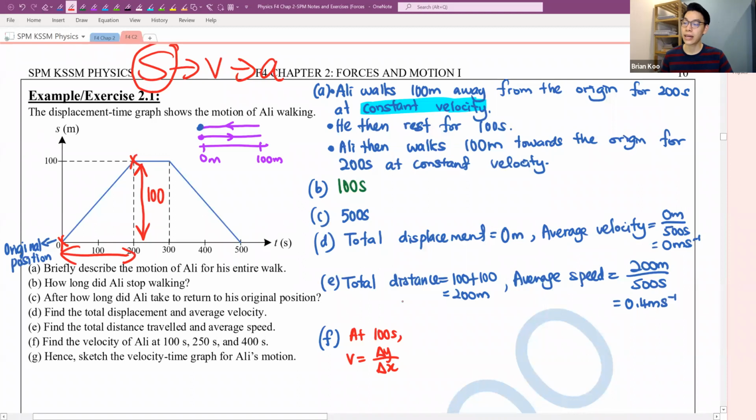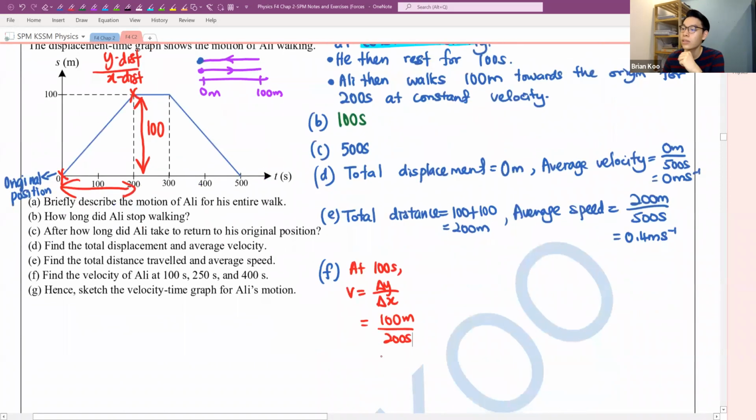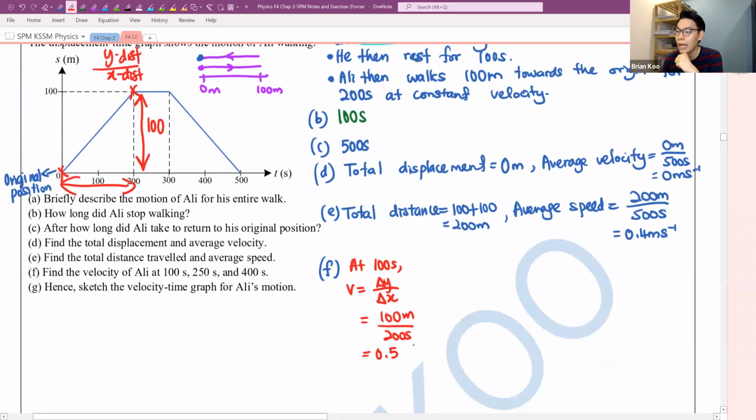That is my delta y. Y distance over x distance. So that is 100 meters divided by 200 seconds, which will be 0.5 meter per second. 0.5 meter per second.